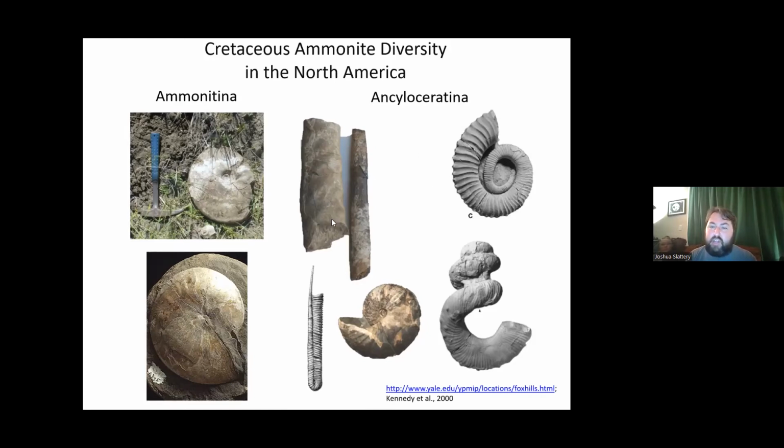Ancyloceratina are the most abundant ammonoids that we have in North America, and they're also the ones we use primarily for biostratigraphy. Ammonitina are very common, but not as abundant as these. Each different group probably had its own distinct ecology.